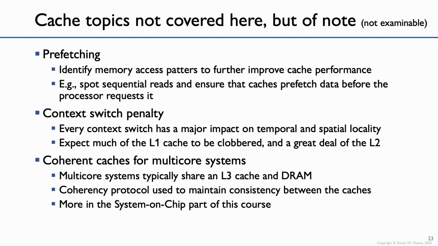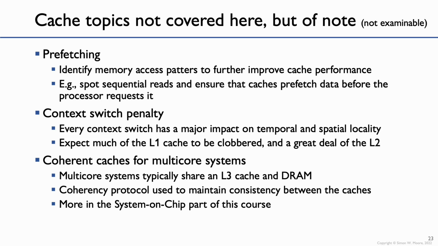And the final one on this slide is coherent caches, which we need for multi-core systems. Quite often, in a multi-core system on one chip, we have a last level cache, say an L3 cache, which caches data directly from the DRAM, and that's shared among all the cores.